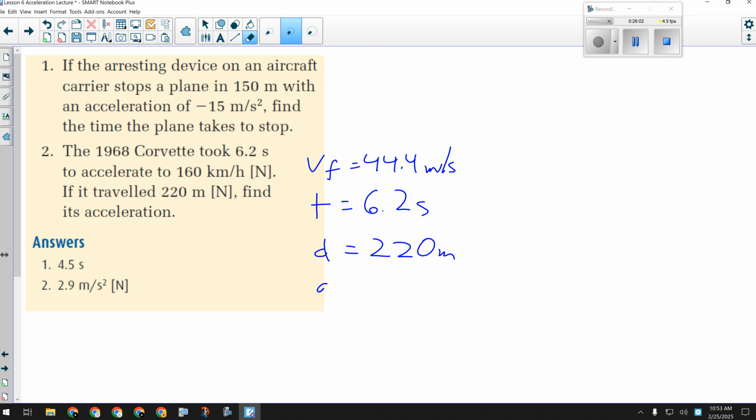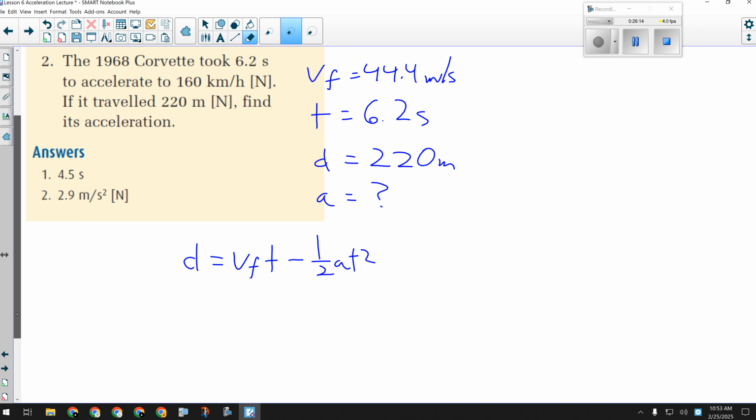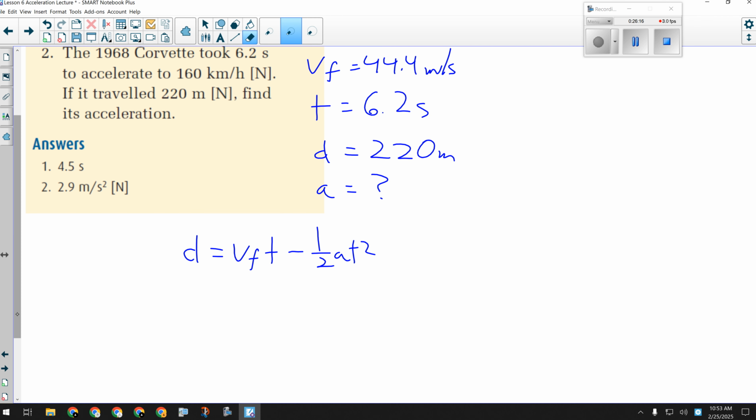We're looking for the acceleration. So we've got D equals VF times T minus 1/2 AT squared. If I'm trying to solve for A, probably the first thing I'd want to do is subtract VFT over to the other side.